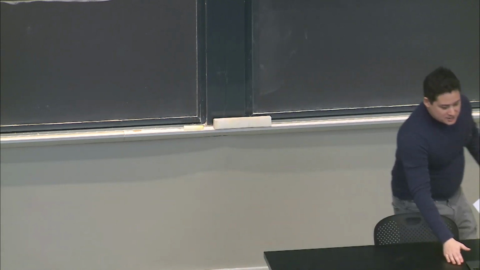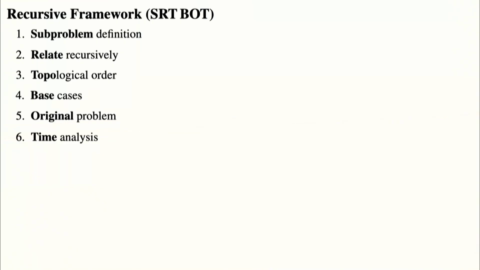Okay? So let's take a look at our recursive framework here, SRT BOT. I remembered the space this time. Subproblem: you're going to define some subproblems. You're going to relate them recursively. You're going to specify a topological order of those subproblems that the relation satisfies. You're going to list some base cases, basically wherever you could solve the subproblem in constant time without doing any recursive work.